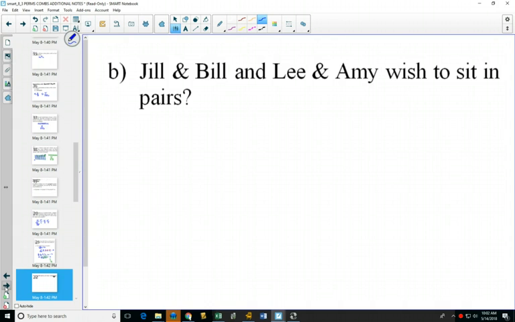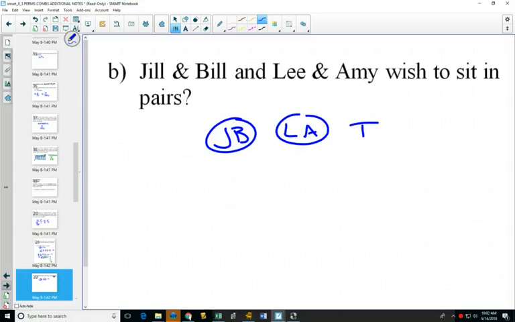Anyways, Jill and Bill now want to sit together. Lee and Amy want to sit together, and so we've got Jill and Bill together, Lee and Amy together, and Tom all by himself. Well, he's still sitting on the park bench, he's not really alone. But how many ways can we do this? Now our number of groups is 3 factorial.